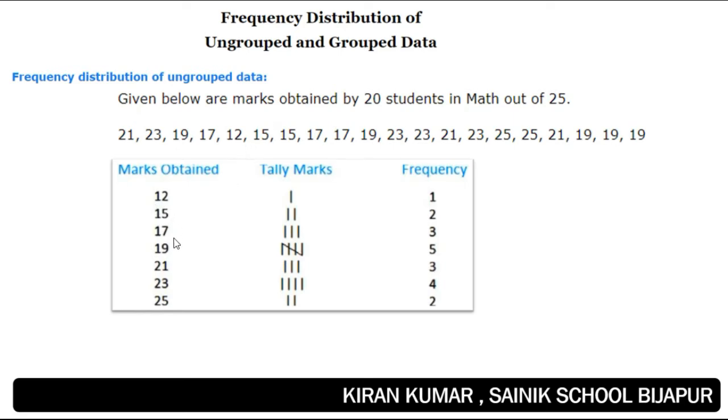Here we have got 19 as the maximum repeated observation. There are 5 19s repeated. This particular table, which gives observation, tally mark and the frequency, is called a frequency distribution table.